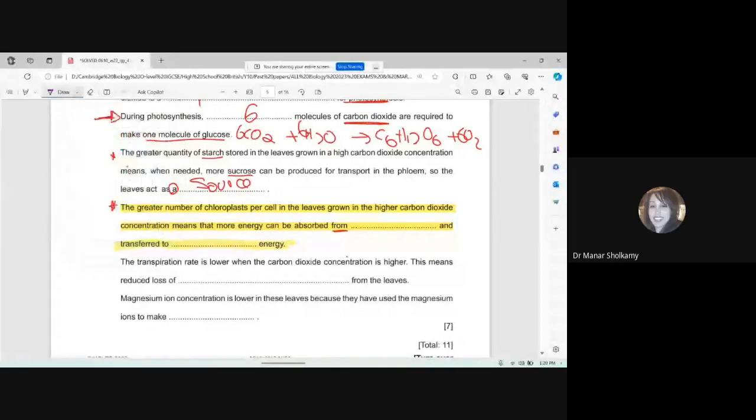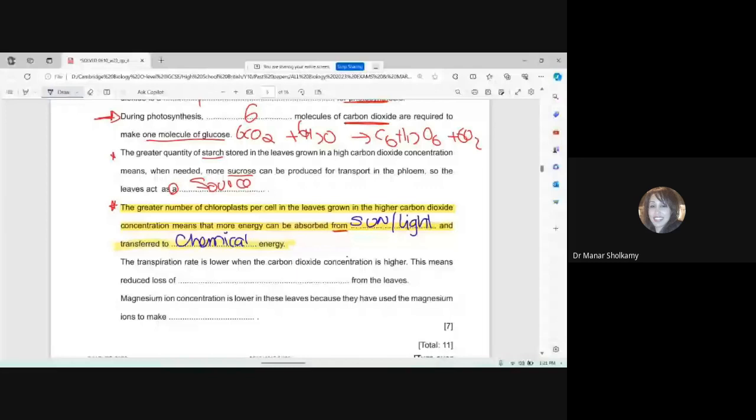Yes, correct. We absorb the energy from the sun, or light energy, and it is transferred into chemical energy. This is one of the definitions of photosynthesis. And then as the plant is eaten by the primary consumer and the secondary consumer, this chemical energy is transferred along the food chain.